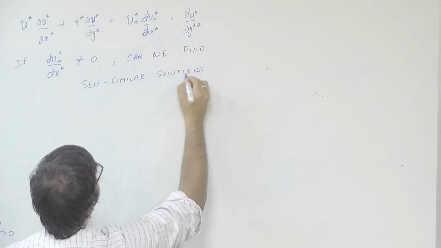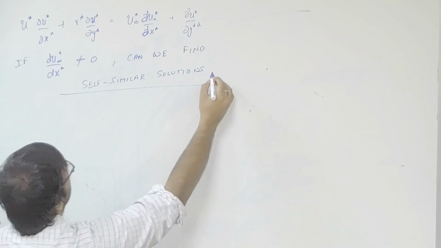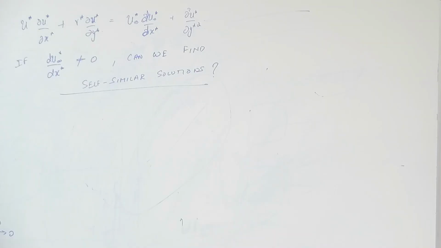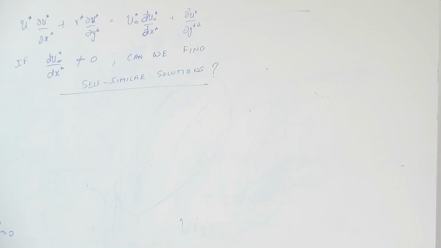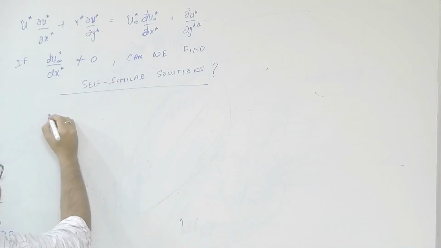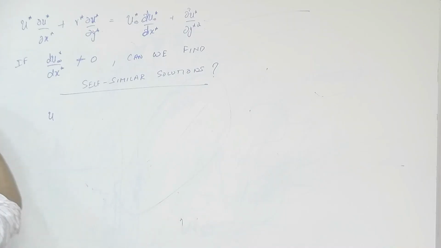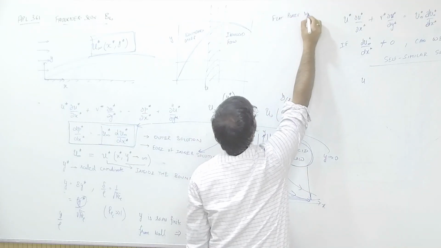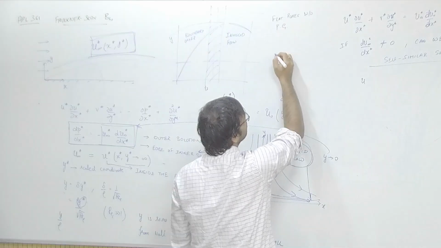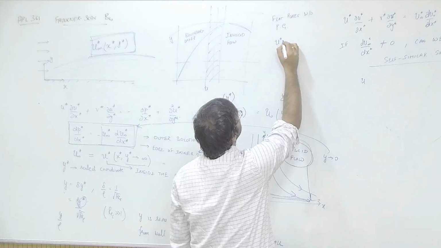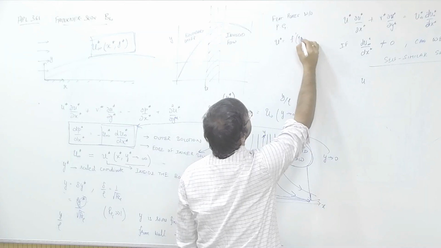Okay, and as you will see, we cannot find self similar solutions for any variation of u infinity star. There are very particular variations of this u infinity star in x star which result in a self similar solution. So, if you recall, in flat plates without pressure gradient, we said that u star is some f prime of eta.